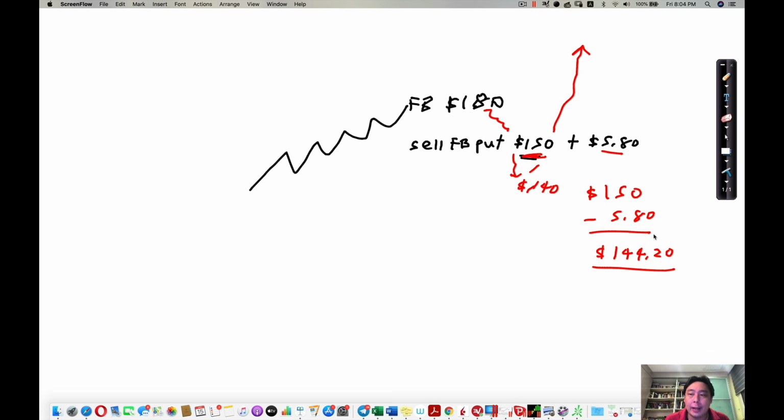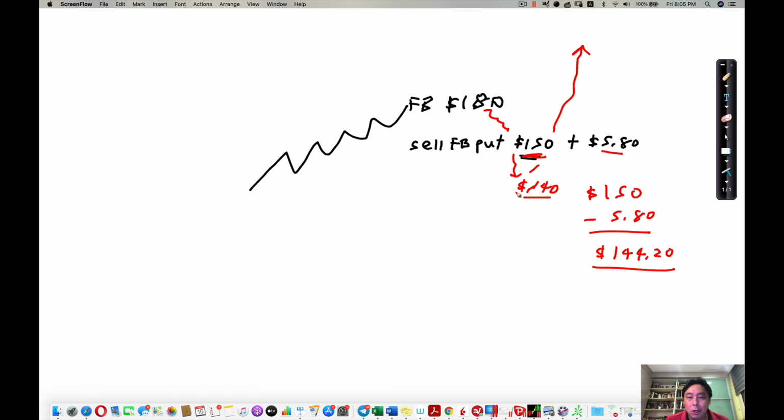So for example, again, let's imagine that Facebook is a lousy company. Imagine, right? And you don't have the cash to buy 100 shares, but you sell the put. So what happens? You sell the put at the 150 strike price and you collect the premium of $5.80. And this time Facebook drops again, right? It drops to 140, for example.